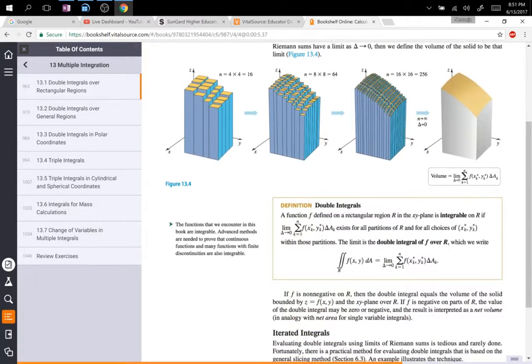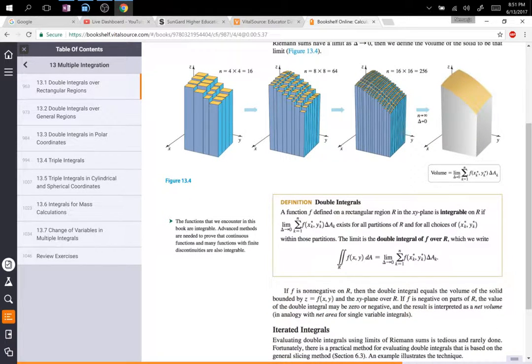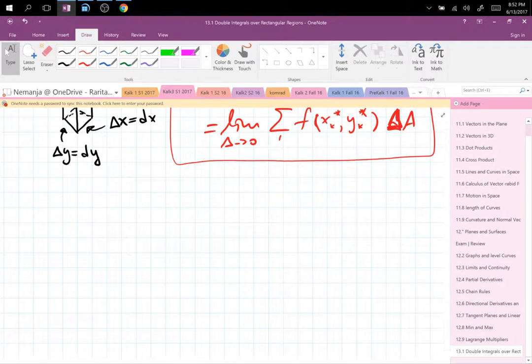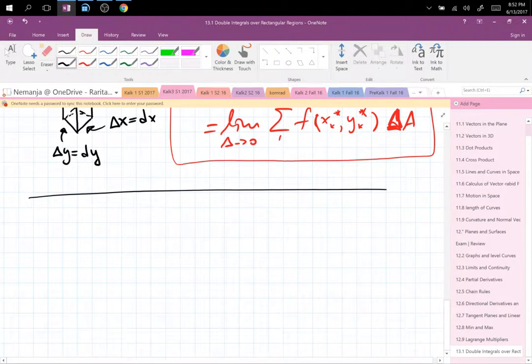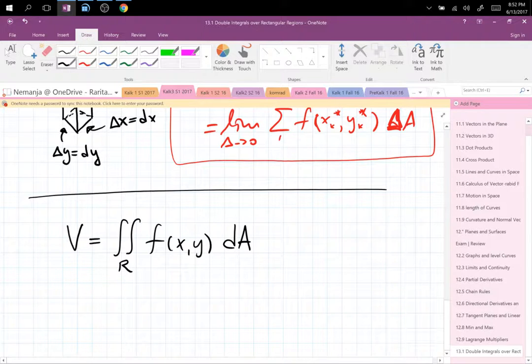Now here is the definition that I just wrote. And clearly all of this consumes space, which is volume. So this double integral computes volume. So when I jump back, I will now say that volume is computed as the double integral over region R of f of x, y, dA.